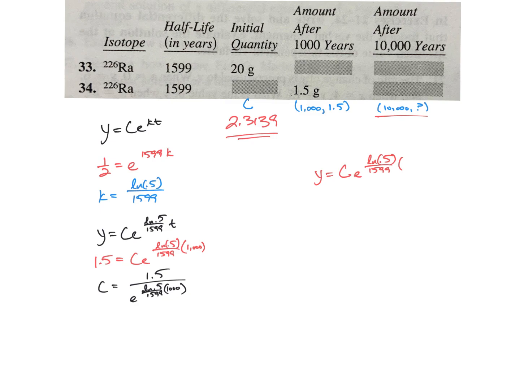What's my t? 10,000. So I'm going to keep all of them, and then you just press times, and then the e to the natural log. 0.0303 grams. All right. Get working.